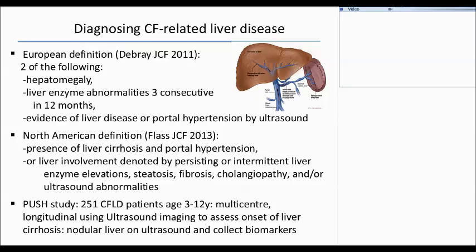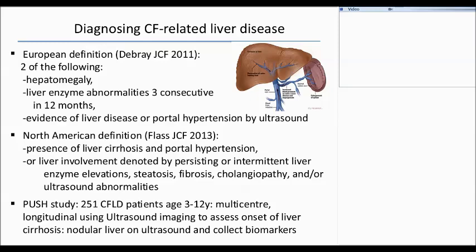So this was a groundbreaking study, at least characterizing the severe CF liver disease group, and for the first time really laying out that this disease is happening early on in the course of CF disease.